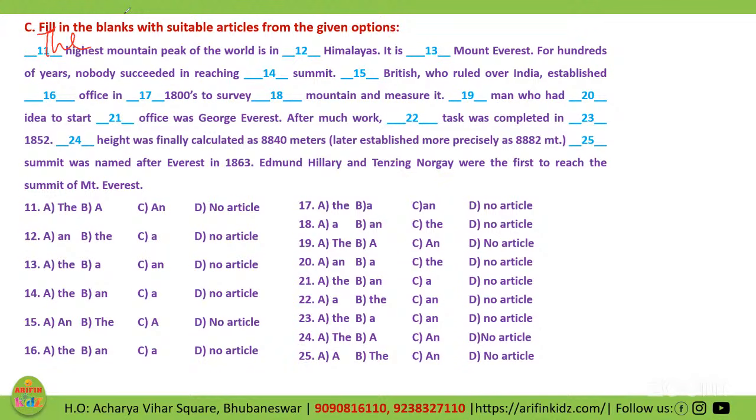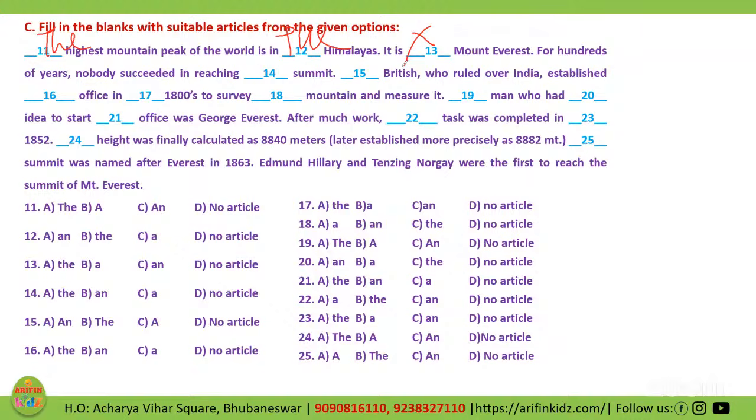The highest mountain peak in the world is the Himalayas. Now, this one requires no article because in front of a single mountain peak, we do not require any article. It is just Everest or Mount Everest, right? So that would be wrong to put any the over there.